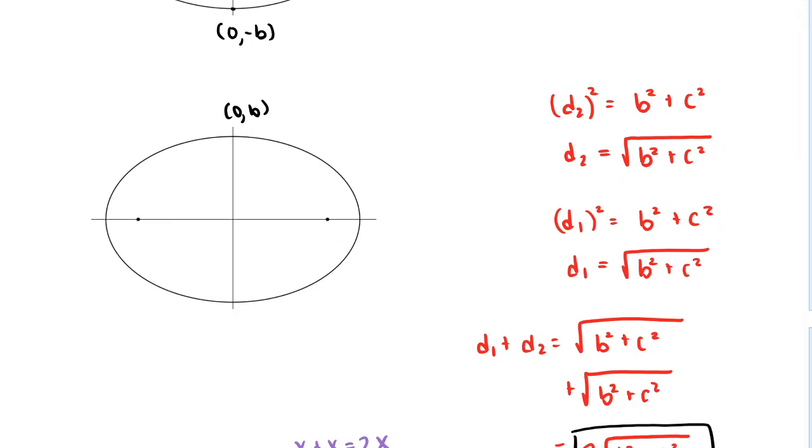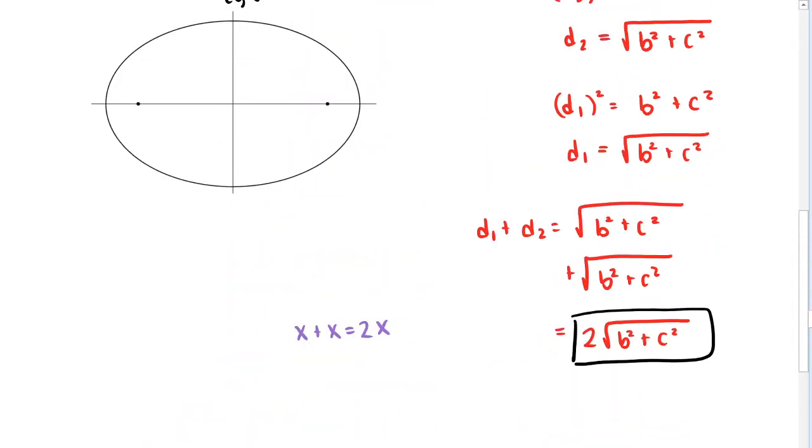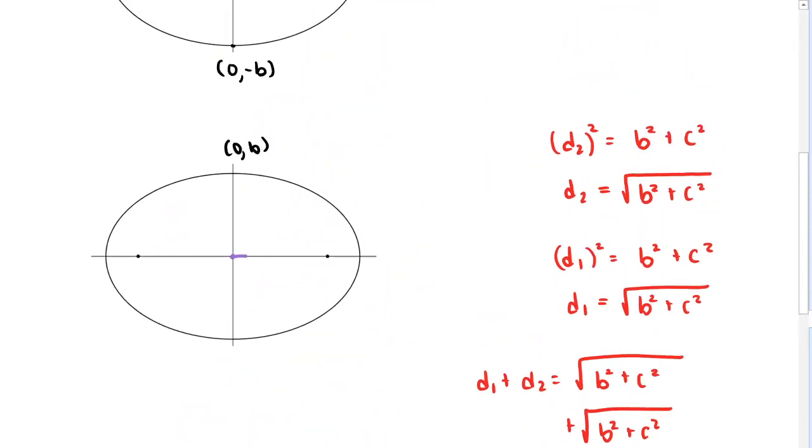Right, so this distance c from the center of our ellipse to one of the foci, right? So this is c, and we're saying that really it's given by the relationship c squared is equal to a squared minus b squared, where a is this measurement here, and b is this measurement here.